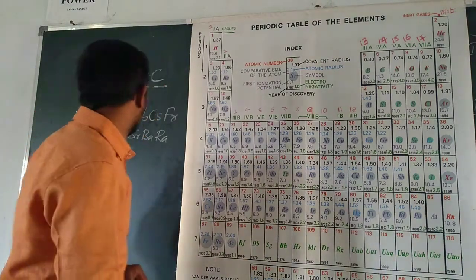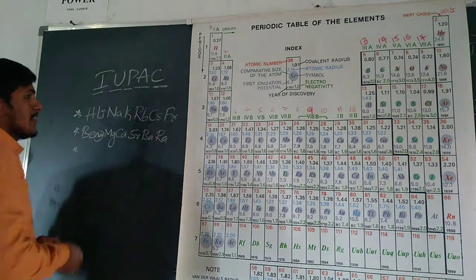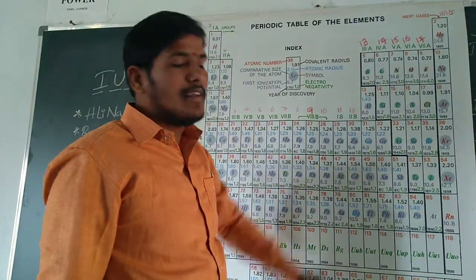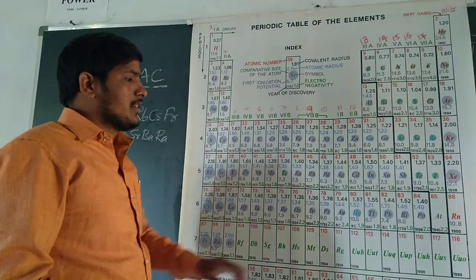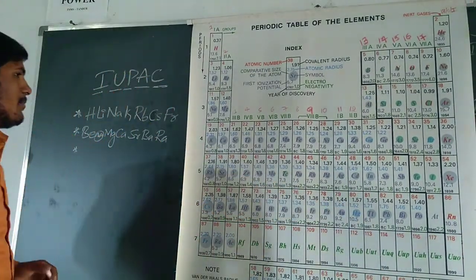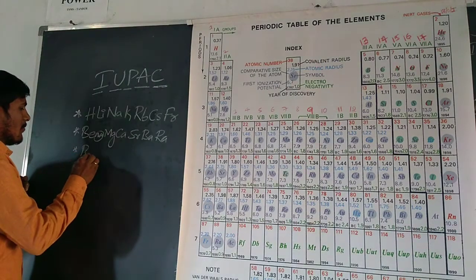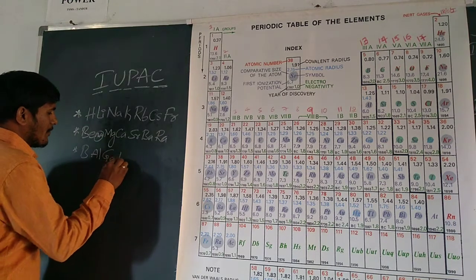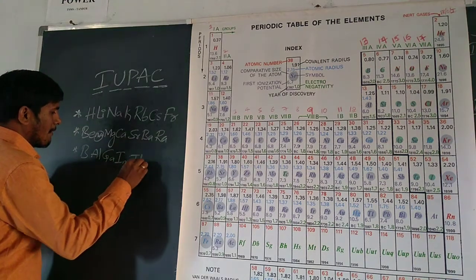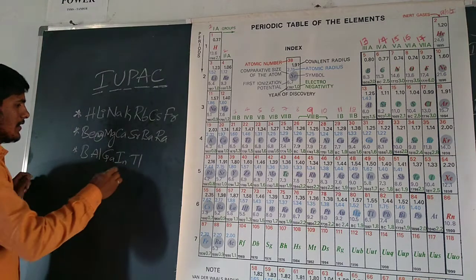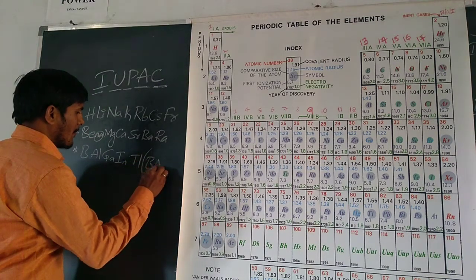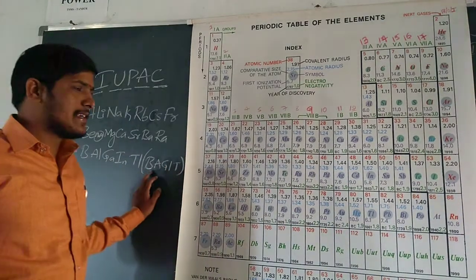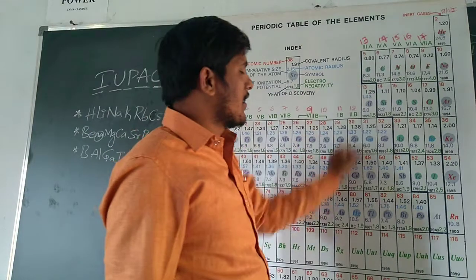And next, the third A group elements. What are they? Boron, aluminium, gallium, indium and thallium. By using a simple code, Baggit, we are able to remember all the third A group elements.